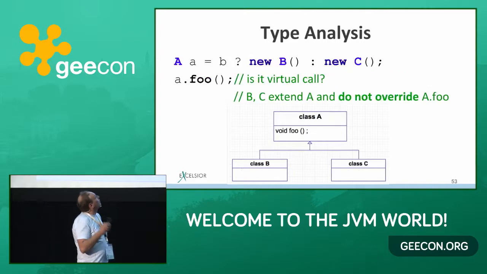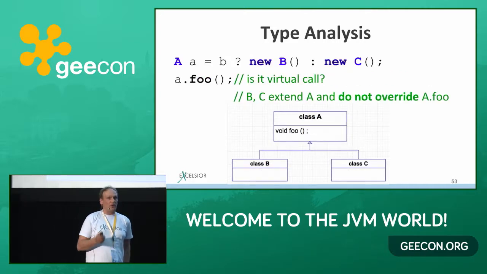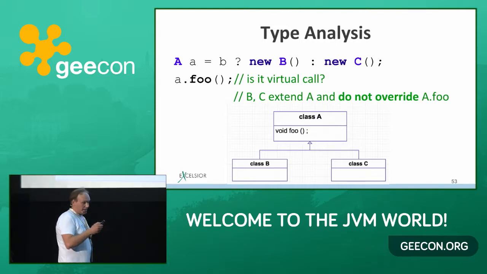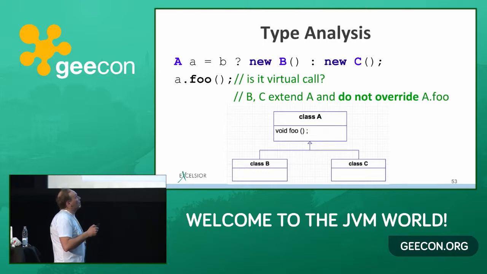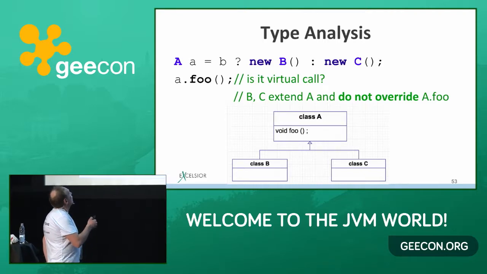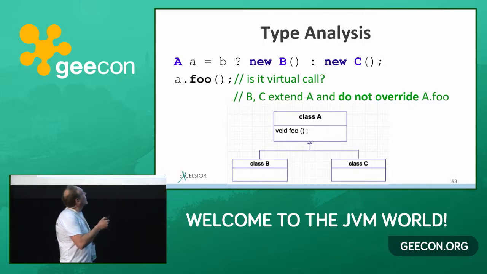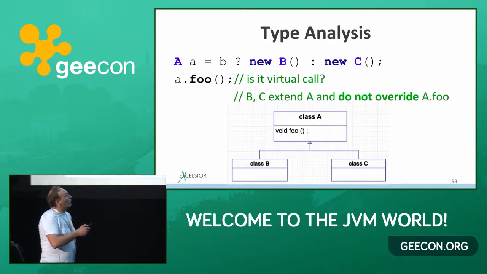Okay, the idea of type inference analysis is to calculate instances of what classes are assigned to a local variable A. And if it appears that all possible sources of such assignments are new operators on a known set of classes and method foo is the same in all those classes, we can then call method foo directly. But a code pattern where we assign only new operators to a local variable is not very frequent.